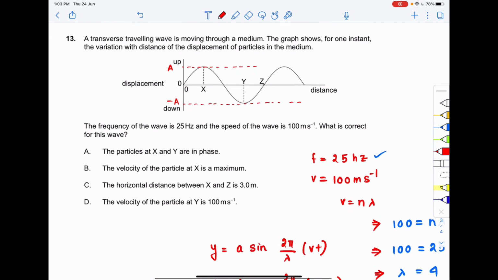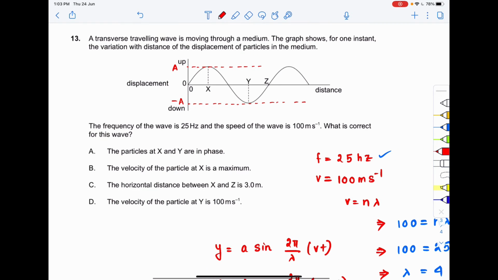Now coming back to the question, option A states that the particles at x and y are in phase. Is it so? At the point x, the particle is at the extreme upward end, and at the point y, the particles are at the extreme downward end.